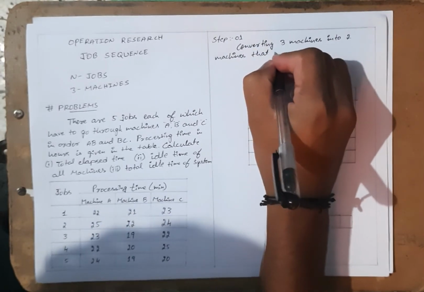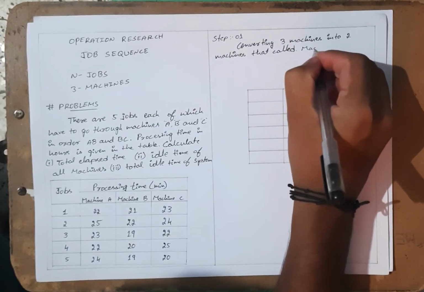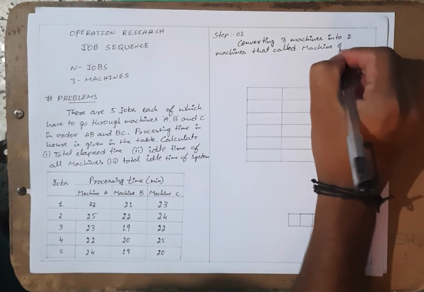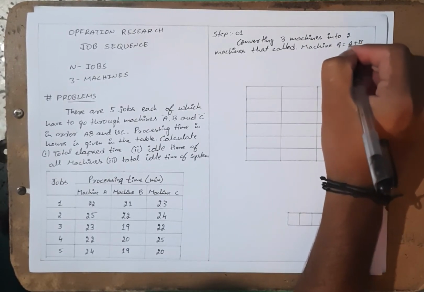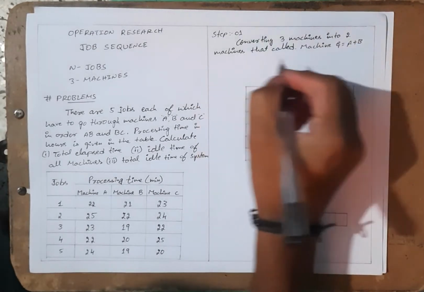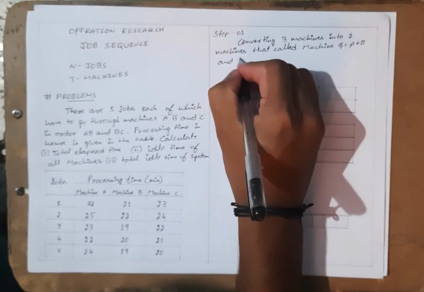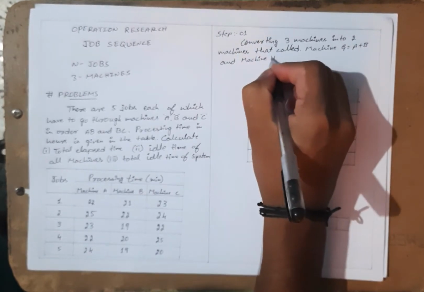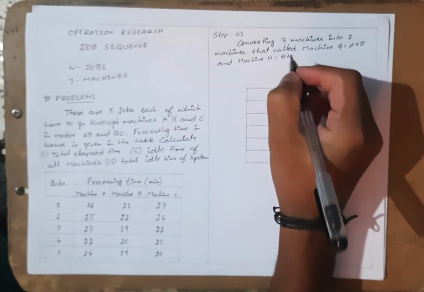That is called machine G is equal to A plus B, and machine H is equal to B plus C.